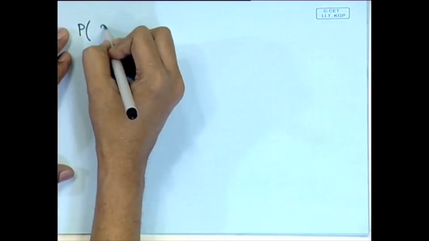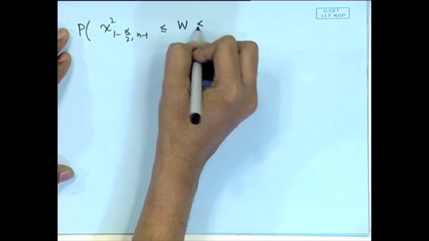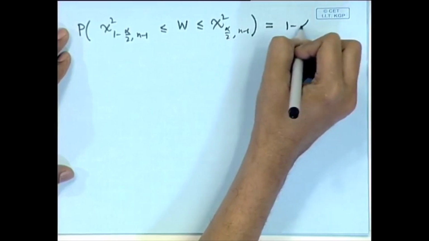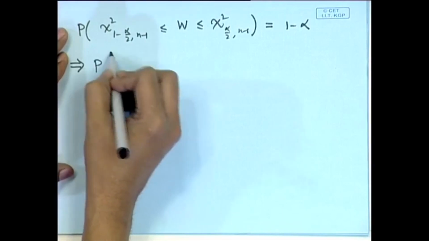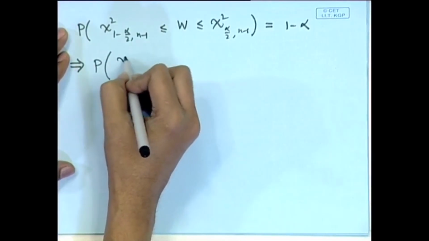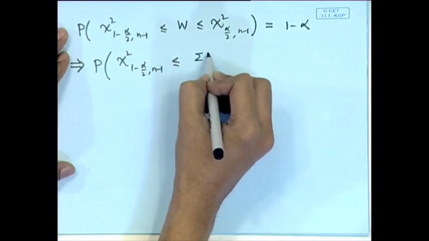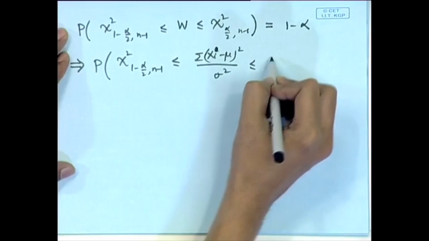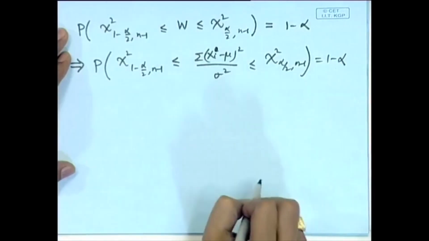So we can write the statement: probability that chi square 1 minus alpha by 2, n minus 1 is less than or equal to w, which is less than or equal to chi square alpha by 2, n minus 1, is equal to 1 minus alpha. By manipulating this statement, we can get a confidence interval for sigma square in the following way. Chi square 1 minus alpha by 2, n minus 1 is less than or equal to sum of (x_i minus mu) whole square divided by sigma square, less than or equal to chi square alpha by 2, n minus 1, with probability 1 minus alpha.